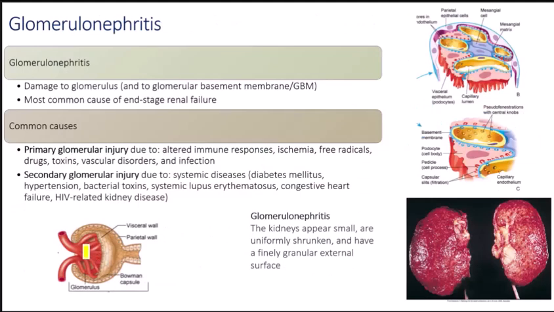So they're too large to be filtered into the Bowman capsule, and so they exit the glomerulus and then just remain part of our systemic circulation. But if the glomerulus, this capillary network, is damaged and it now allows for the passage of larger substances to be filtered out of the glomerulus and into Bowman capsule, they can make their way through our tubular system and become part of our urine.